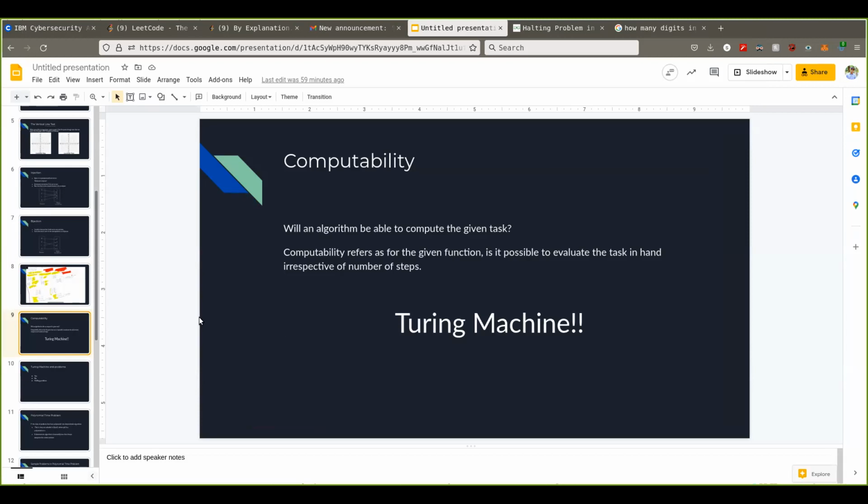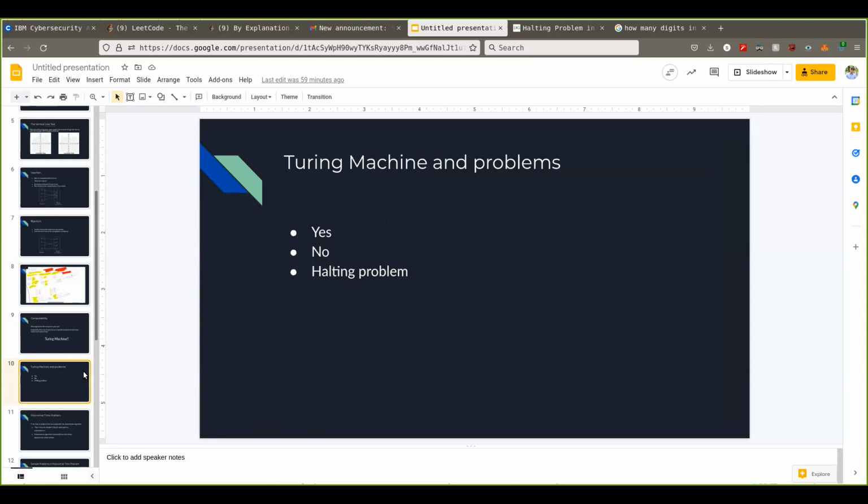We can talk about the Turing machine. In a Turing machine, there are three outcomes for a given problem: it will halt, saying that this problem is solvable, or it will stop in a state where it says the problem is not solvable, or it will go into an infinite loop where we cannot conclude whether it is an infinite loop or it might stop in the future.